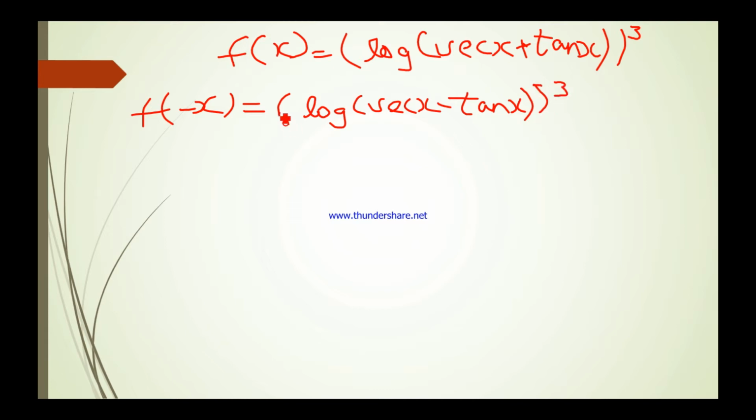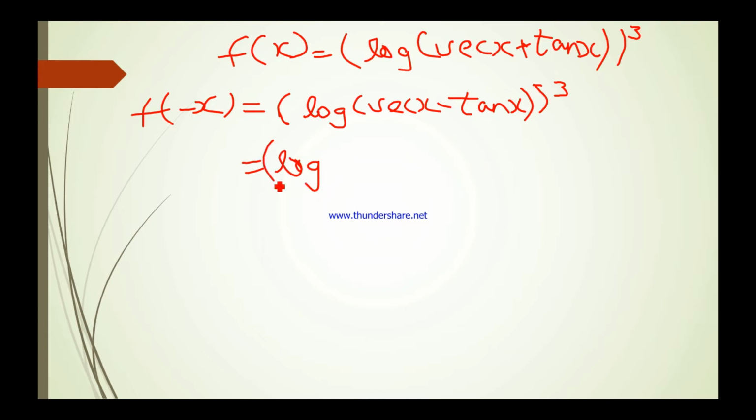Why? Because if we put minus x in sec, we will get sec x only, since in the fourth quadrant cos and sec are positive. But if we put minus x in tan x, we will get minus tan x, because in the fourth quadrant tan is negative. So now you have to just multiply and divide with the conjugate of sec x minus tan x.